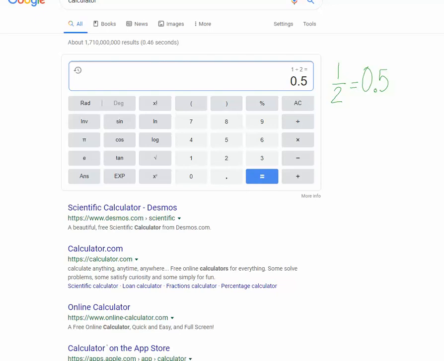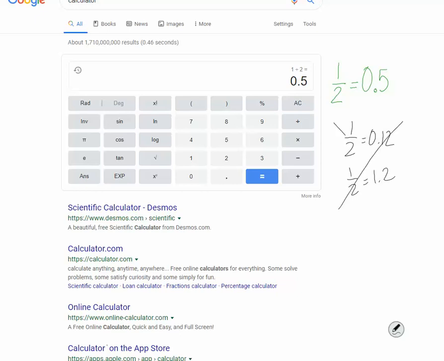A lot of kids on this one worksheet made this mistake, so many that I'm thinking I'm just going to throw it out. They would say 1/2 equals 0.12, or they'd say 1/2 equals 1.2, and I'd go, ah! All right, don't do that, guys. Use that fraction bar to divide.